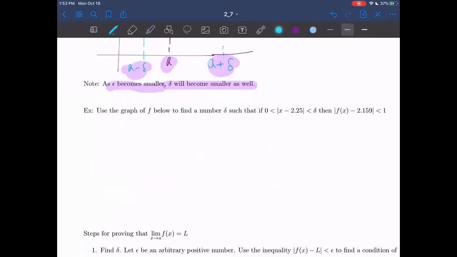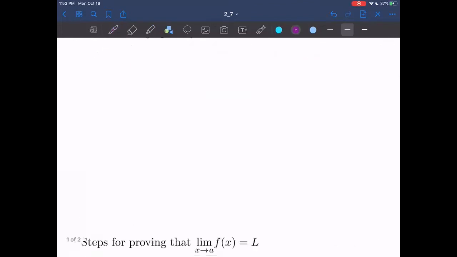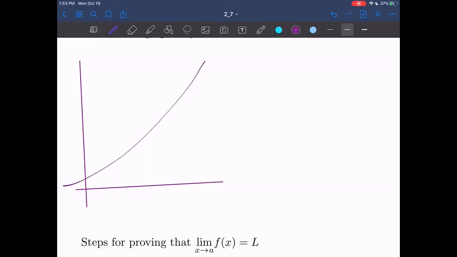They might give you a graph, or they might give you the numbers and have you draw the graph. In this case, I'm going to give you the graph. So let's say we've got a function like this, with these values.